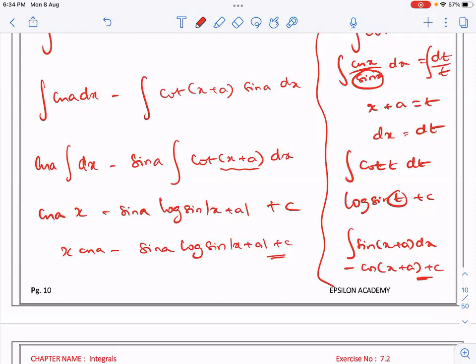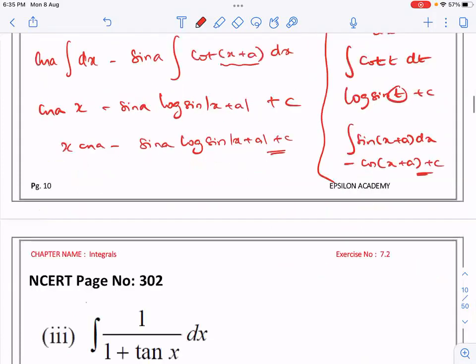The answer is x cos a minus sin a into log of sin(x + a), and a cos a is a constant which will be added to c. That's the answer. Correct now. Three marks maximum. Shall I proceed?